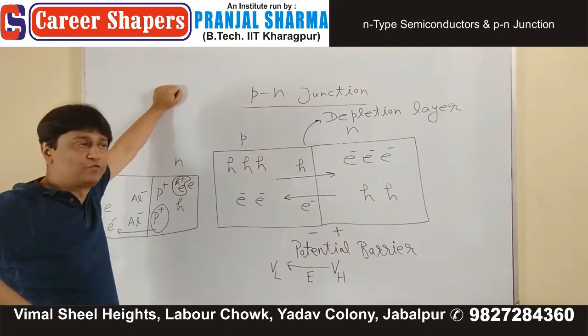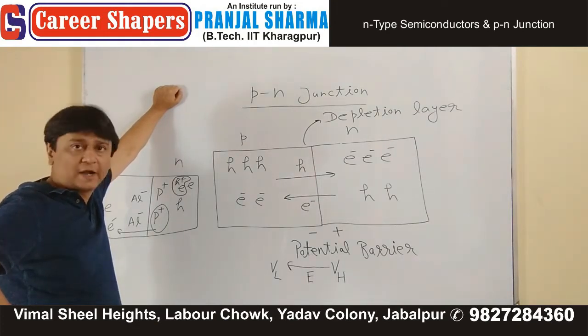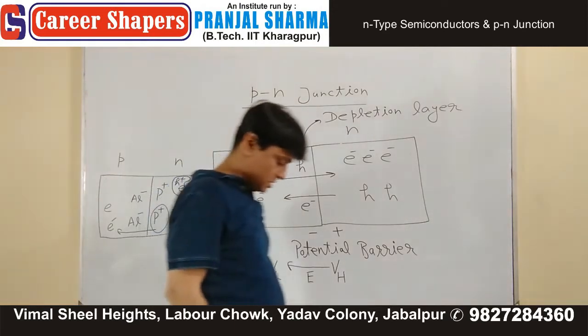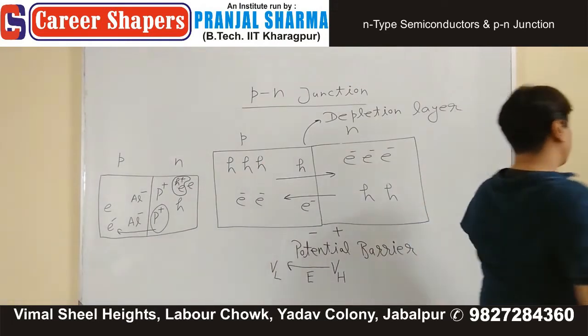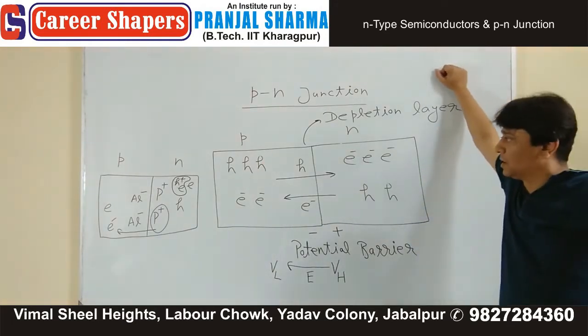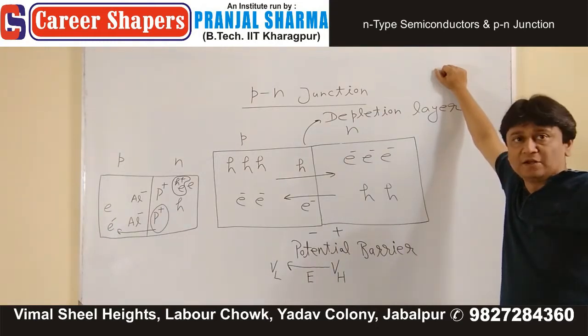This electric field creates a potential difference near the junction boundary, which is called potential barrier.